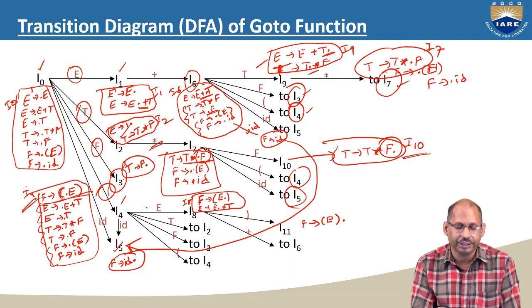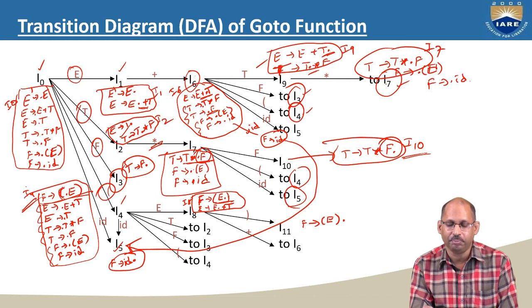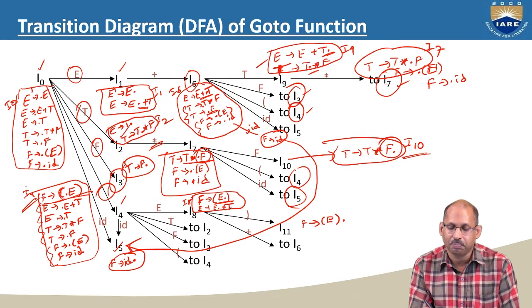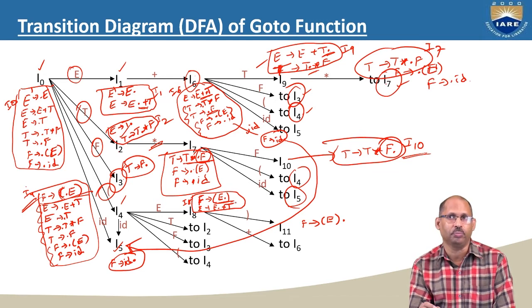Then I4 on E gives F → (E.) and E → E . + T. That is the I8 group.